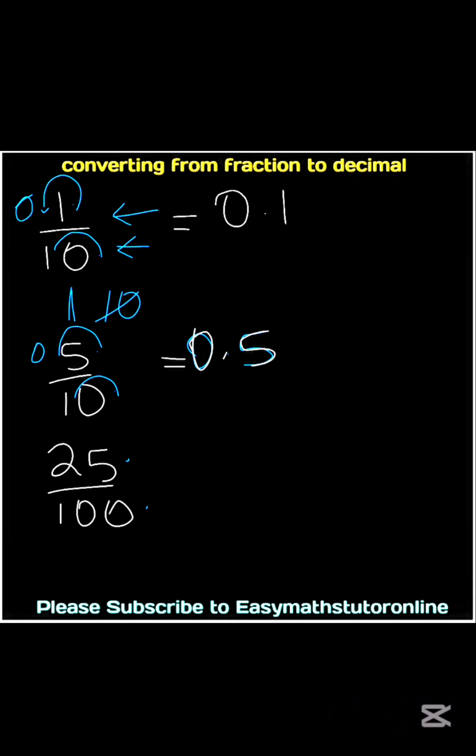So what will we have? 1, 2 in the denominator, and in the numerator 1, 2, giving us 0.25. 0.25 is the decimal conversion for 25 over 100. Remember that this method works mostly for fractions that have denominators of 10 or units of 10.